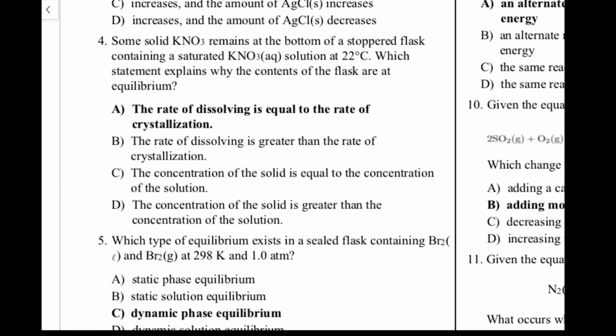Number 4, some solid KNO3 remains at the bottom of a stoppered flask containing a saturated potassium nitrate solution at 22 degrees. What statement explains why the contents of the flask are at equilibrium? If we're talking about aqueous solutions, we're talking about things that are being dissolved. If we're at equilibrium, that means the rates are equal, and then your concentrations are constant.